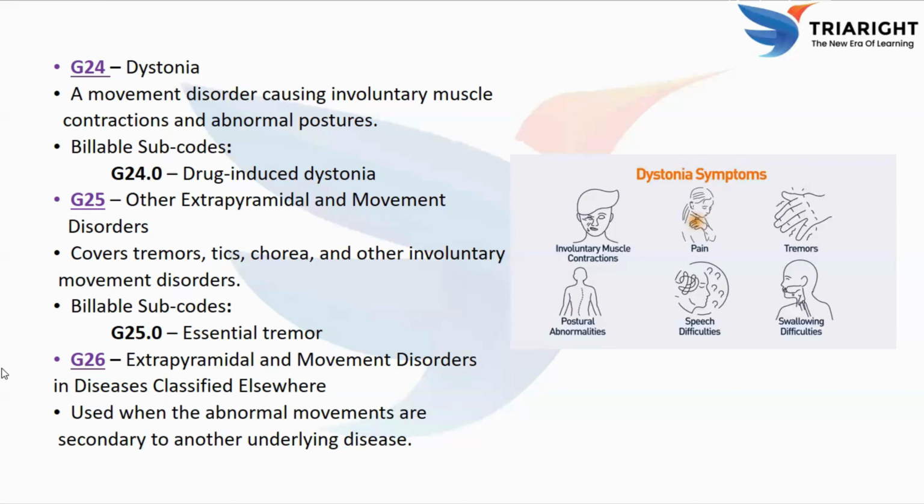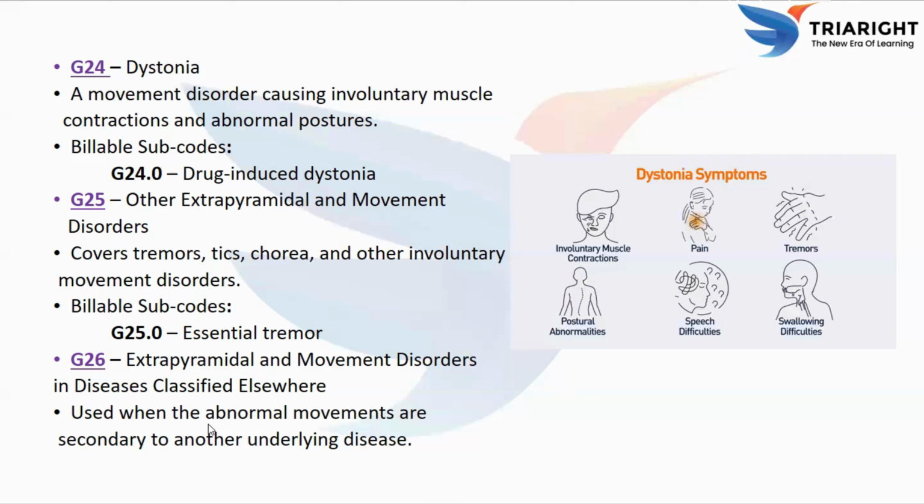So next, G26. G26 is extrapyramidal and movement disorders in diseases classified elsewhere. It is used whenever abnormal movements are caused by another underlying disease.